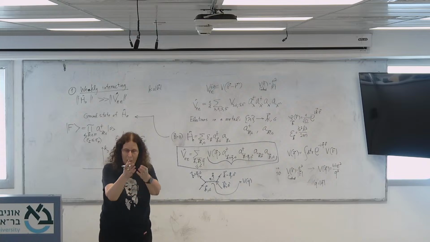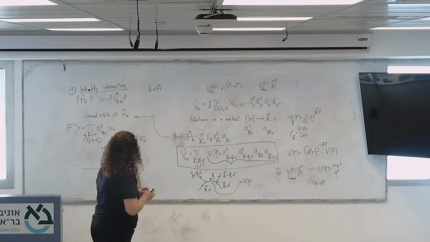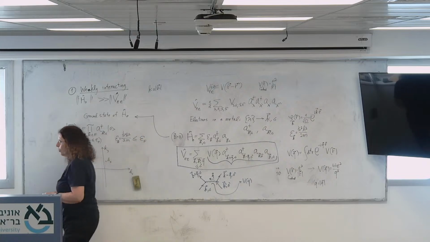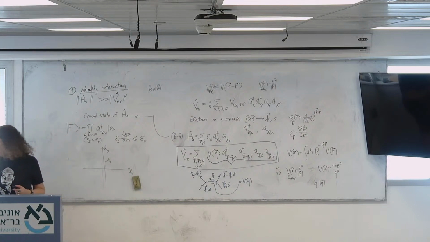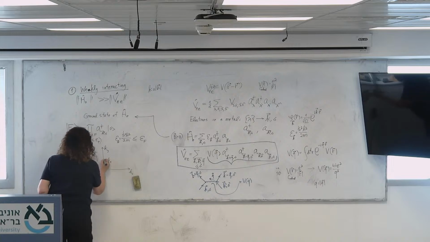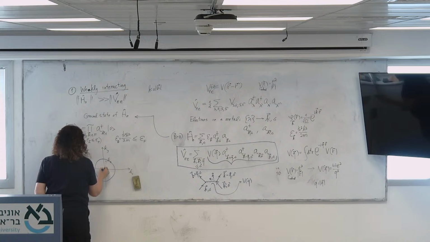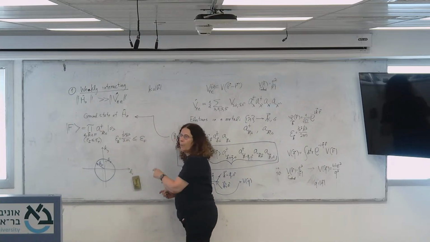A sphere. It's a sphere, exactly. So there is a so-called Fermi sphere in this case. Namely, it's a ball in k space with radius kF.